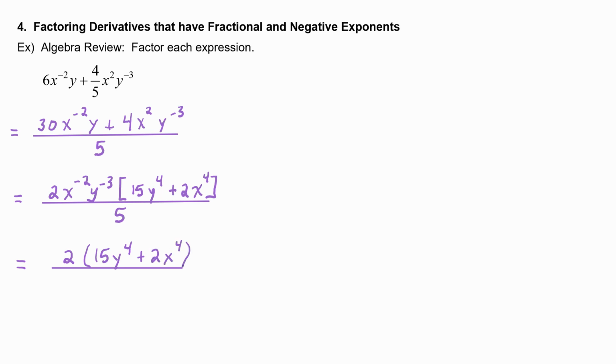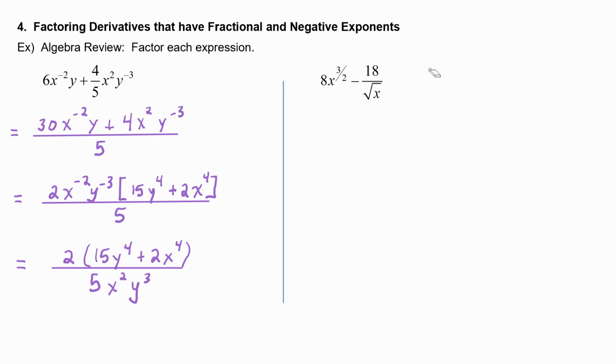And in the denominator, we already had the 5. And then the x to the negative 2, y to the negative 3 will move to the denominator to become x squared y to the 3rd. And now the expression is factored and is in simplest form.